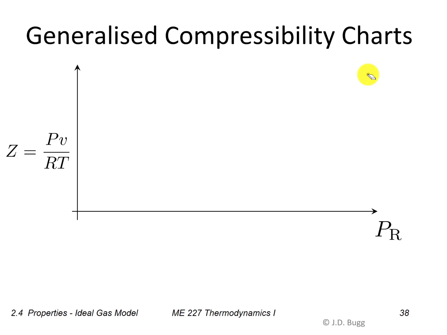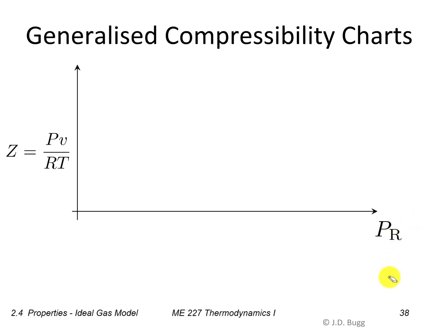So we pick one of those 2 variables for the horizontal axis, and that's the reduced pressure, and Z is the vertical axis. So this just reminds us here of the definition of Z, PV over RT, and we're plotting that as a function of the reduced pressure.